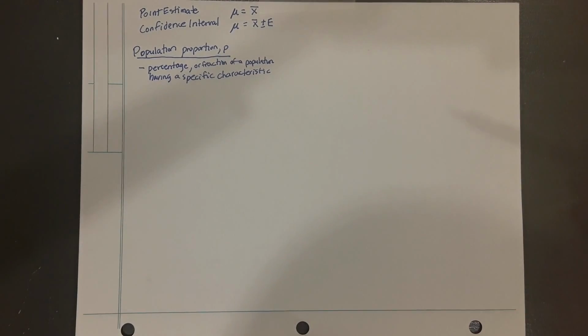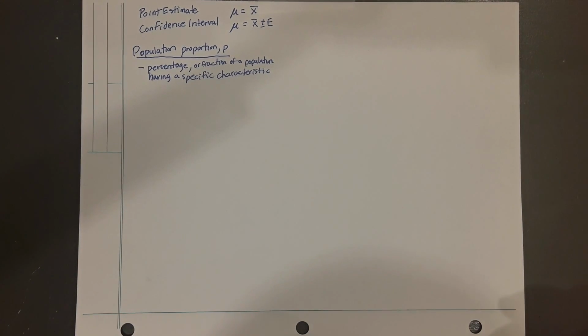When we're talking about a population proportion, we're talking about a percentage or fraction of the population that has a certain characteristic. The classic example is opinion polls. If you want to know what percentage of Canadians support a particular political party, you would need a proportion estimate.